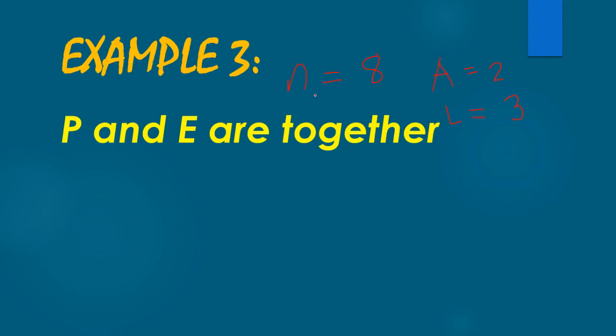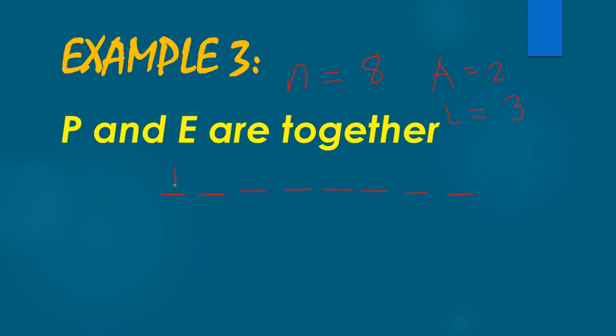So we only have to take these letters. Since we have P and E that are together, so we have 1, 2, 3, 4, 5, 6, 7, and 8. So we have 8 letters from the word parallel.